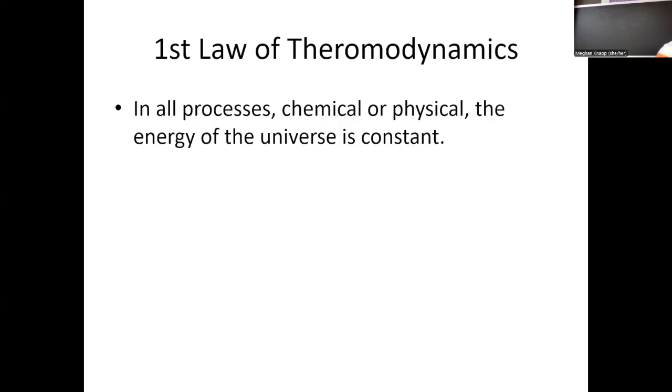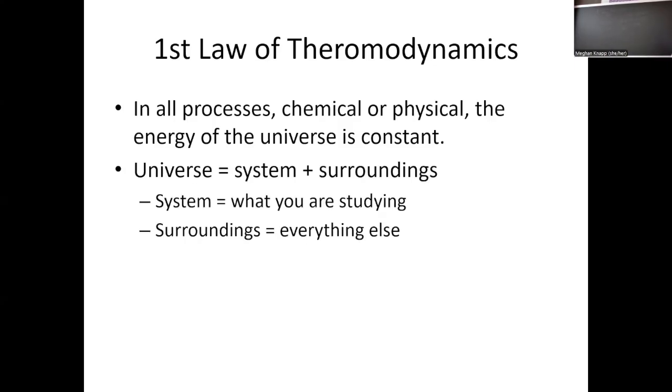All right, the universe is kind of hard to measure. It's a big place. So we're going to break down the universe into two things, the system and the surroundings. The system is the thing you're studying. So for chemists, it's going to be what's inside that beaker.